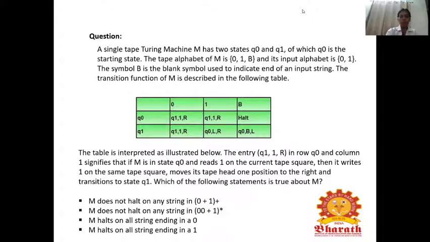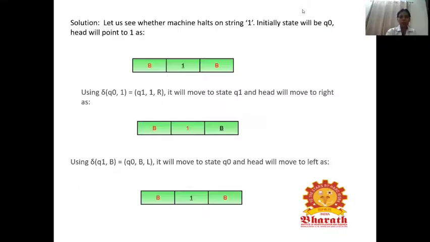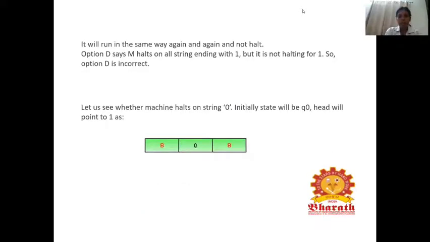So Q0, comma B, comma L. So B remains the same, whereas the head moves to the left, onto the 1. Now, it will run in the same way again and again and does not halt.